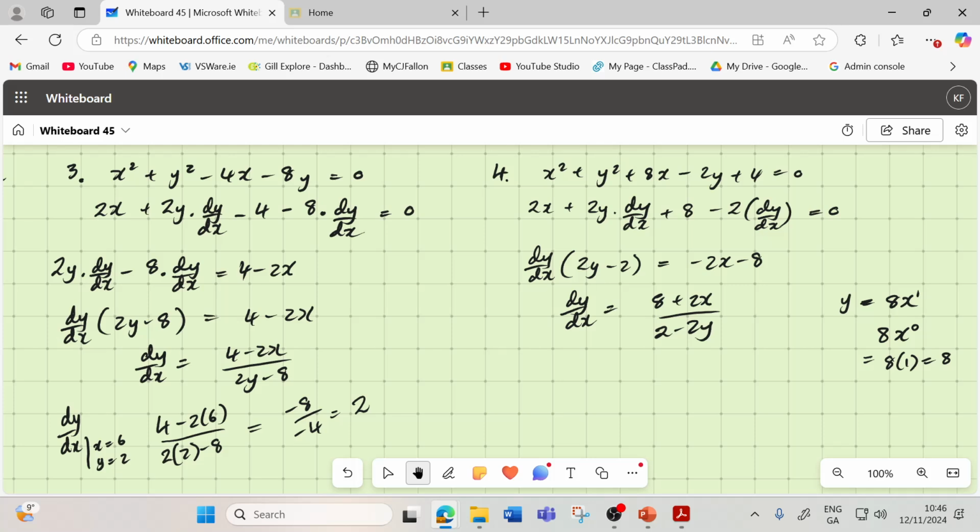Do you get it? The derivative of 2y is 2 dy/dx, because it's y, so we write dy/dx.